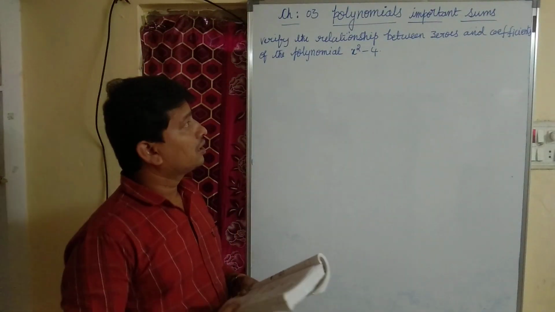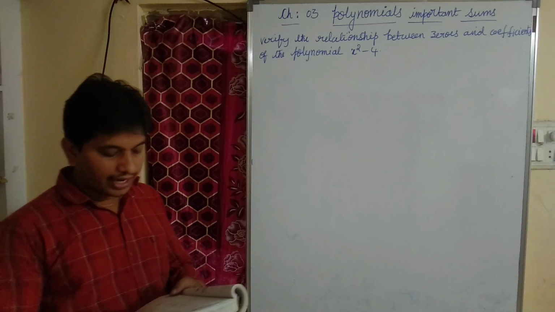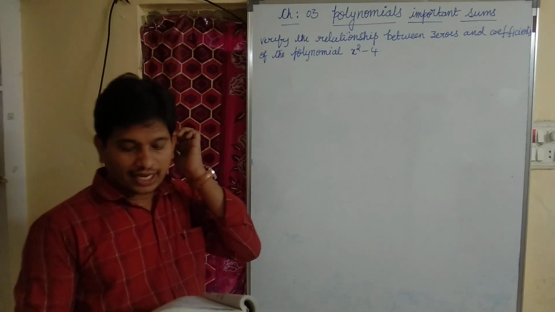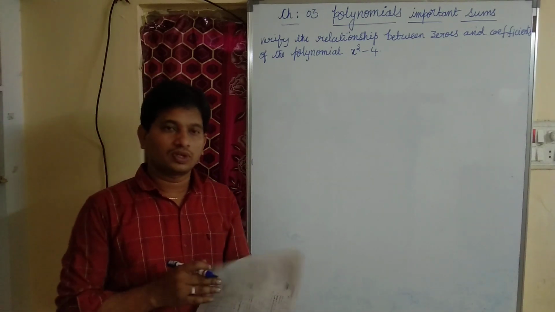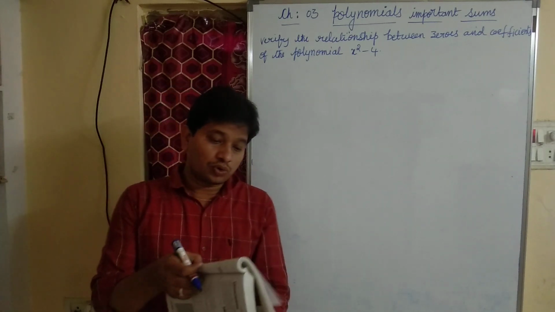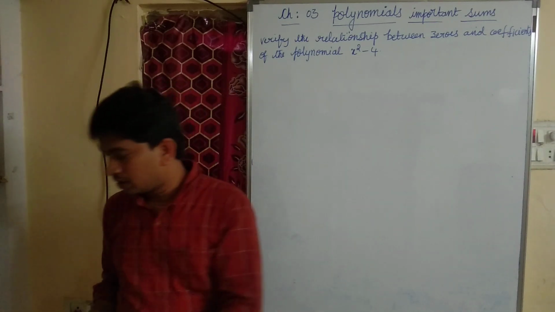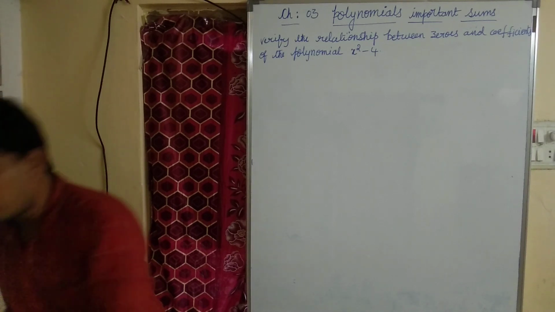Verify the relationship between zeros and coefficient of the quadratic polynomial x square minus 4. Okay. So let us solve now how to verify the relationship between zeros and coefficient of the polynomial.